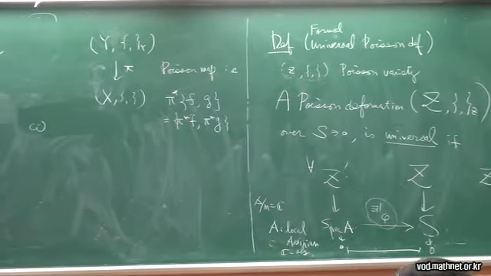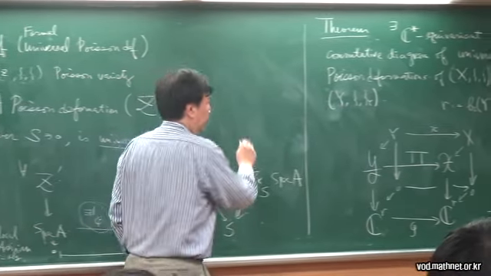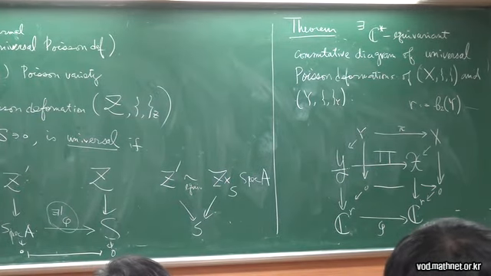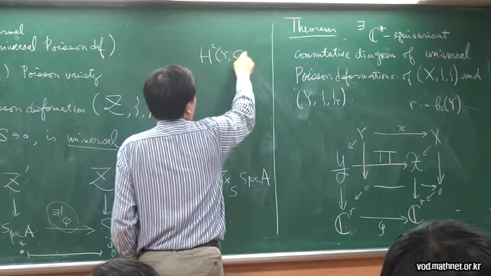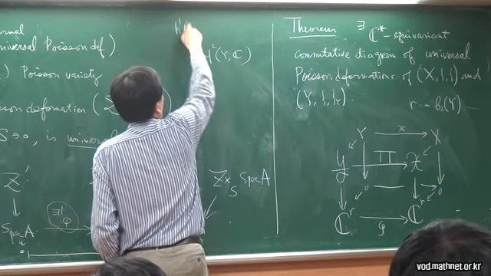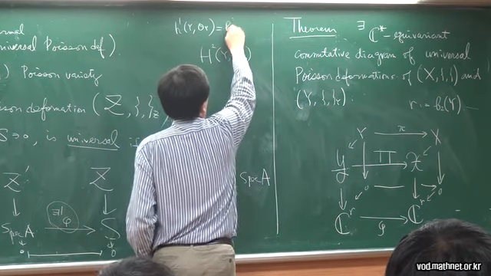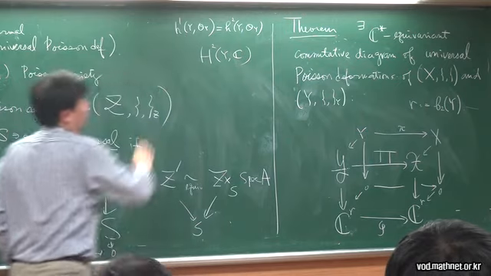Recall that yesterday I told you that the infinitesimal Poisson deformation is described by the second cohomology. If such cohomology vanishes, then Y is smooth.